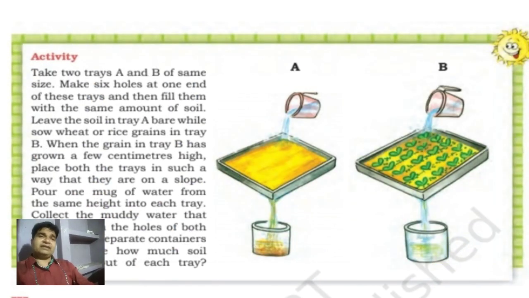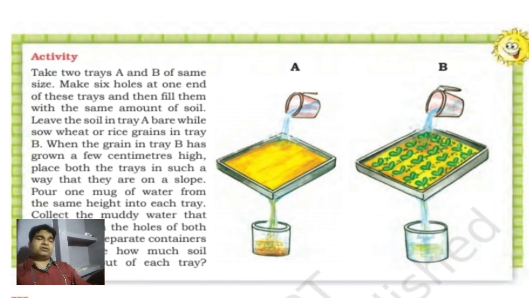Now one activity is there, one experiment is there. For this activity you have to take two trays. You can say one tray as A, other tray as B. Make 6 holes on one end of these trays and fill them with some amount of soil.